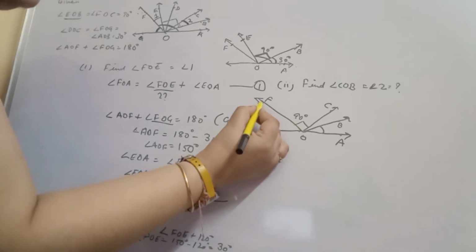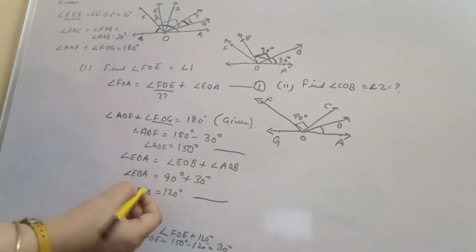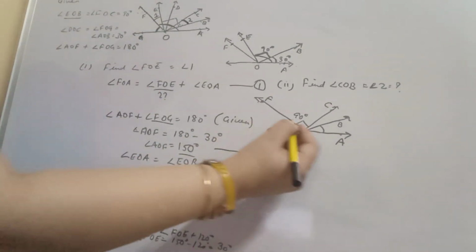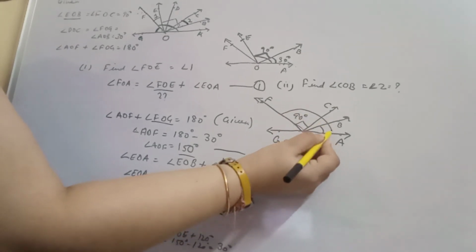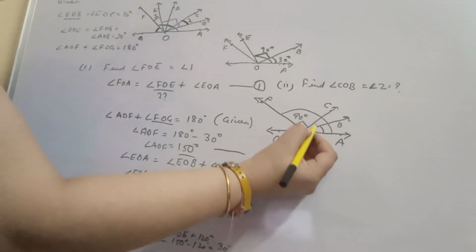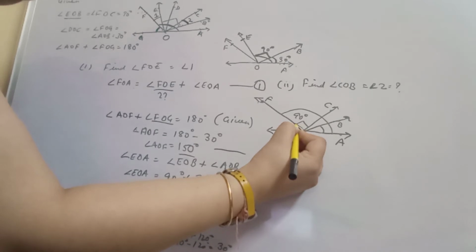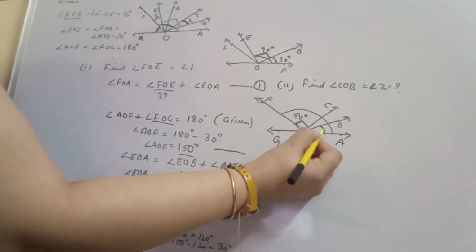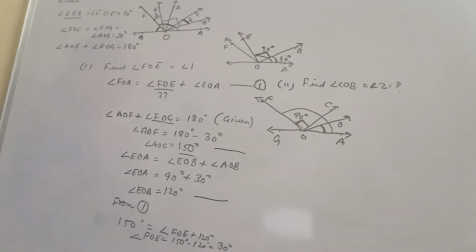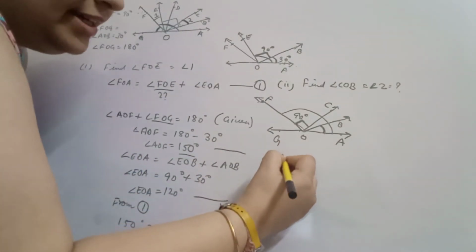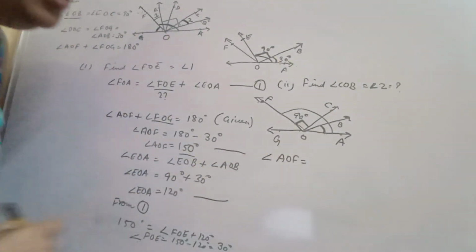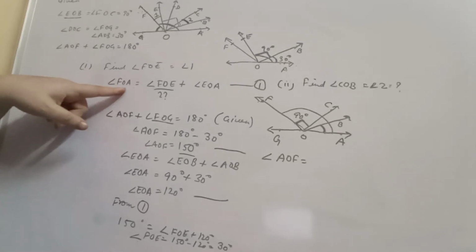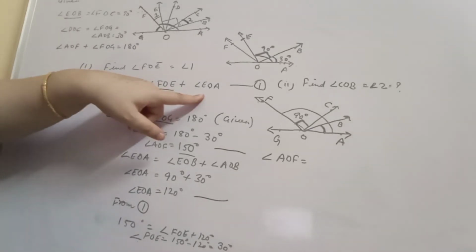Can you figure out? FOA is 150 degrees, which we have already found. This bigger angle is 150 degrees. Out of this bigger angle, I know FOC 90 degrees, AOB 30 degrees. So whatever is left would be the COB angle. So I will write angle AOF is equal to, now in this question I had written FOE plus EOA.